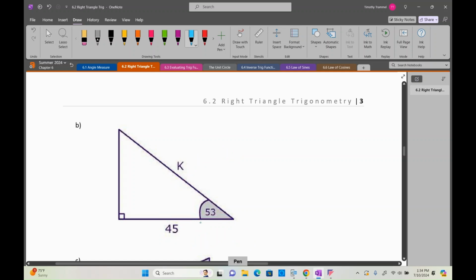So I'm going to write cosine of the angle. And again, cosine is adjacent. So that's the 45 over the hypotenuse, which is k. And in order to solve this for k, I'm going to multiply both sides by k first.